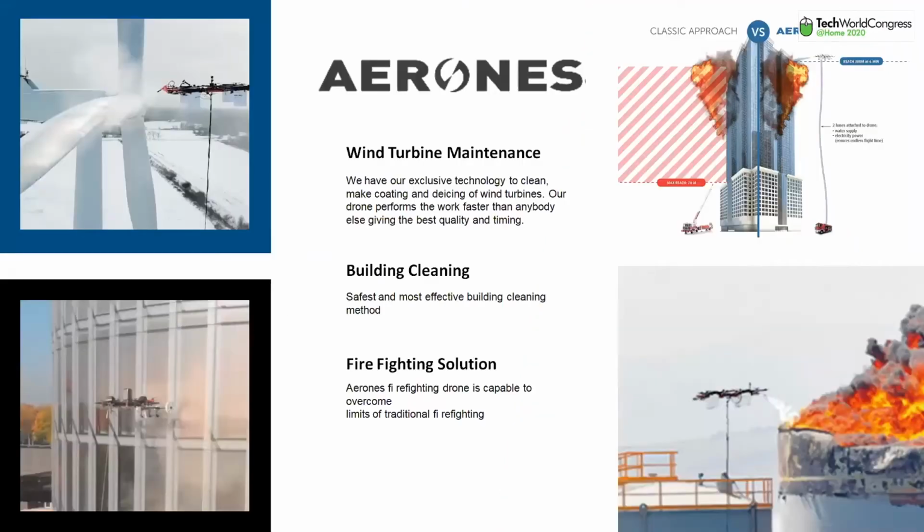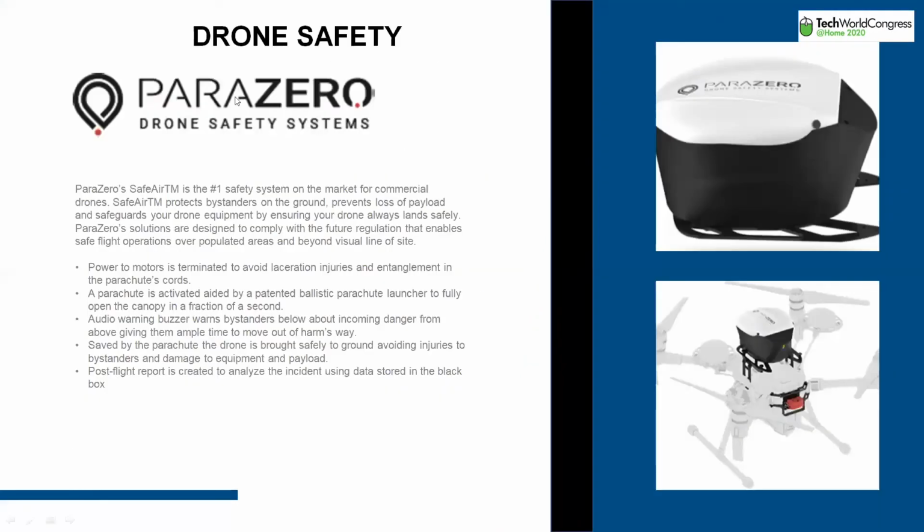When you talk about drone safety, there is a technology called a parachute system which deploys by itself. Say you are flying an expensive drone, and all of a sudden, due to some technical issues, the drone simply falls from the sky.